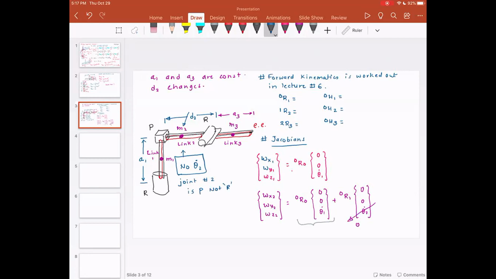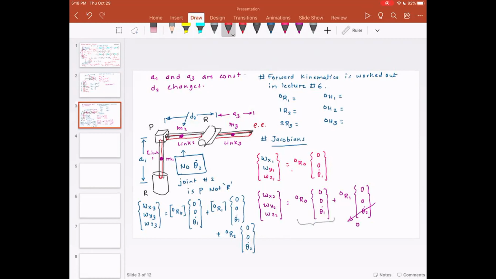The next thing I want you to understand is the last part, omega x3, omega y3, omega z3. You are going to have 0R0 times [0, 0, theta 1 dot] plus 0R1 times [0, 0, theta 2 dot] plus 0R2 times [0, 0, theta 3 dot].